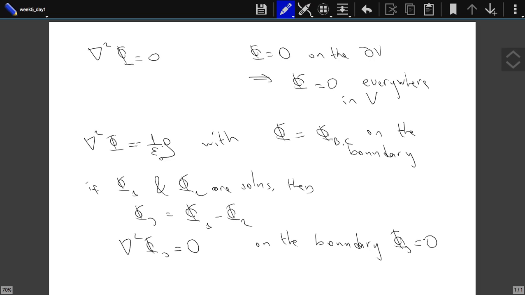Since we have a function that satisfies the Laplace equation, it is 0 on the boundary, so it has to be 0 everywhere. Since it is 0 everywhere, everywhere meaning everywhere inside our boundary, this means phi 1 is equal to phi 2 everywhere.